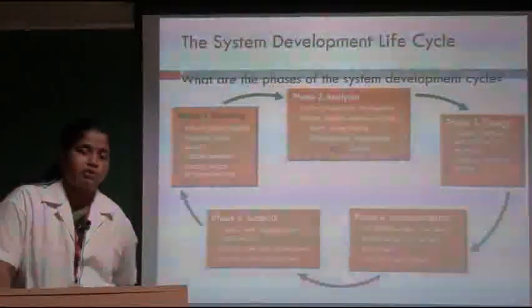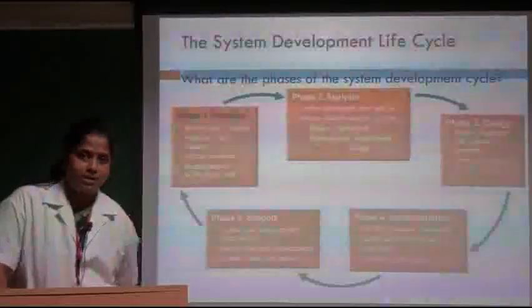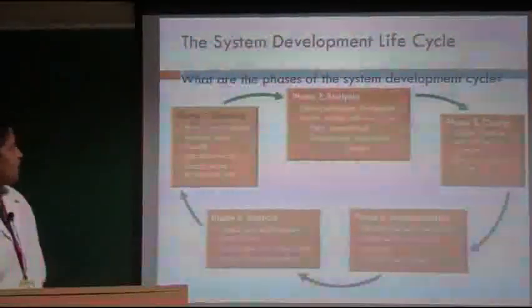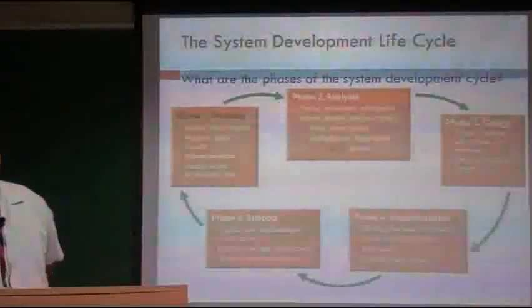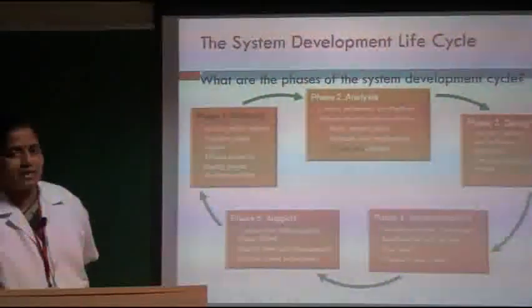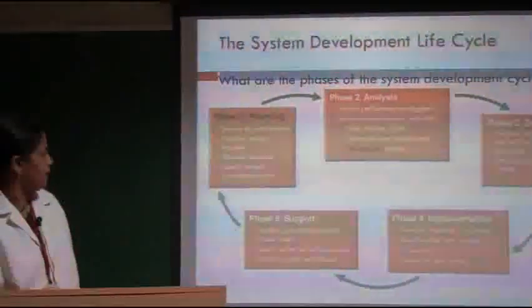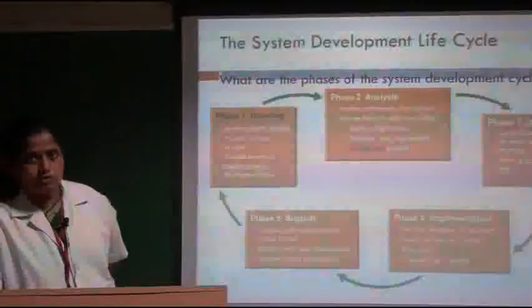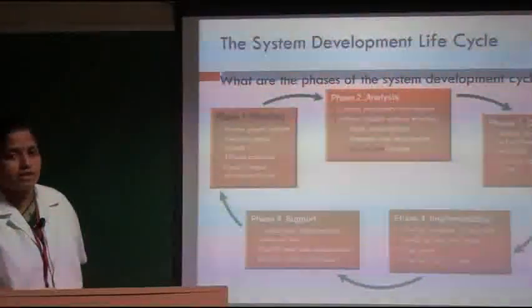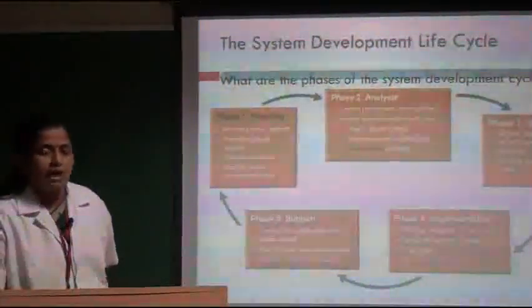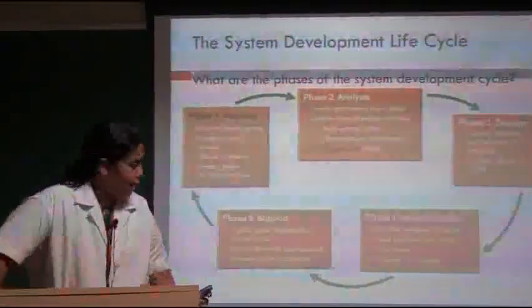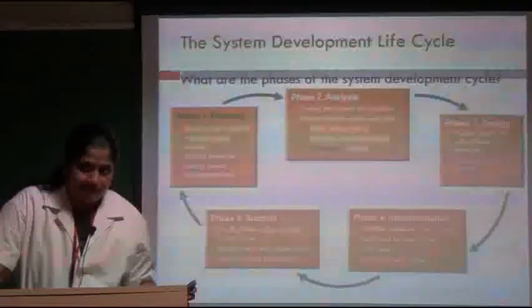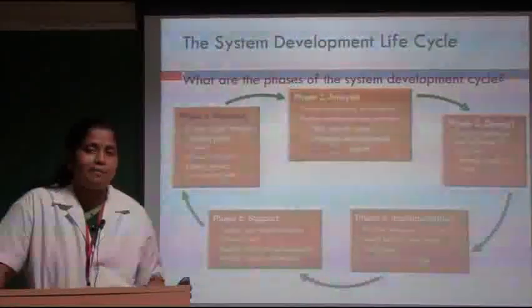Based on the project request, we need to prioritize which request should be sanctioned first, which one second, and allocate the resources for each project request. It can be hardware, software, as well as manpower, and finally identify the project development team. This is happening in the first phase.